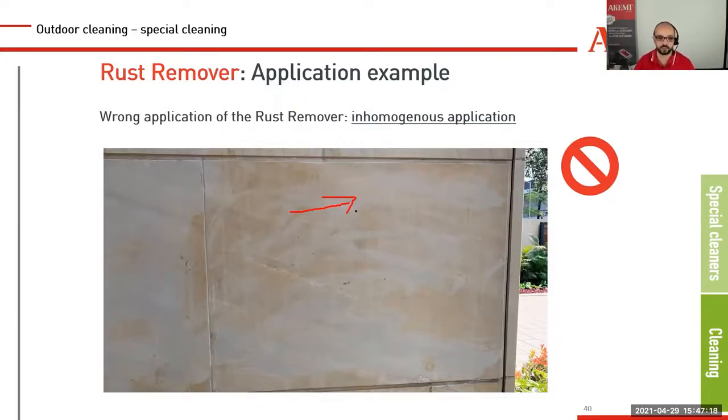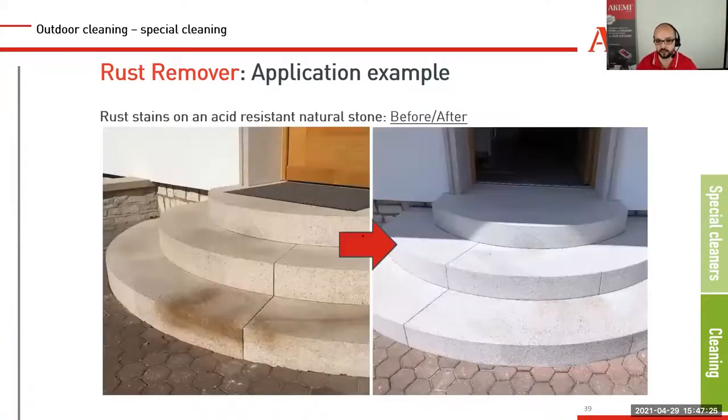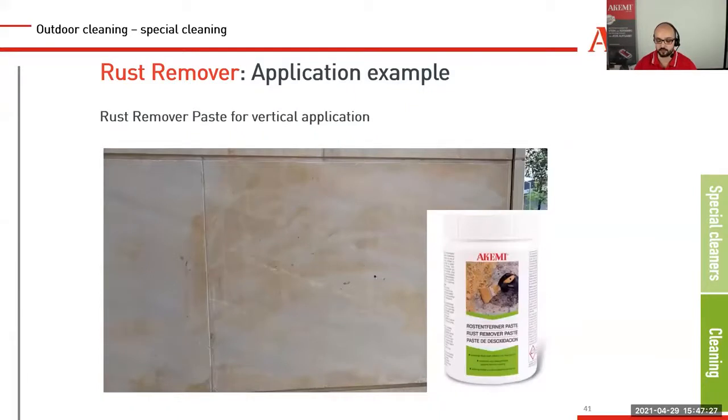So please pay attention to treat it equally. For vertical surfaces, we therefore recommend the rust remover paste, because here you don't have the chance that the product will drip down. It is a paste. You apply it with a spatula, for example, on these vertical surfaces, and that's completely fine. And yes, so much about the rust remover.